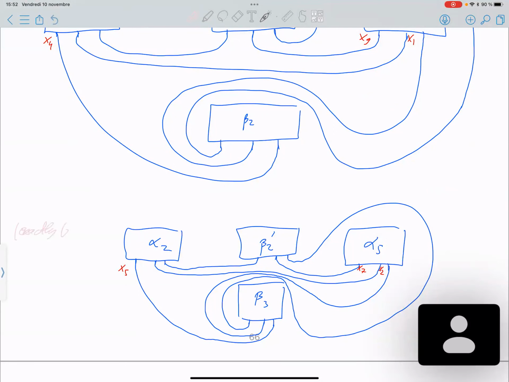Exactly the same as the second one, up to changing morphism and object.